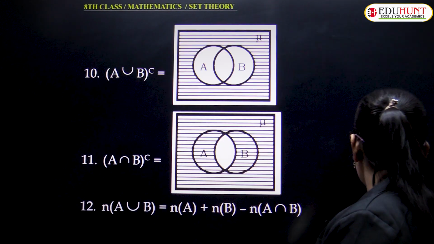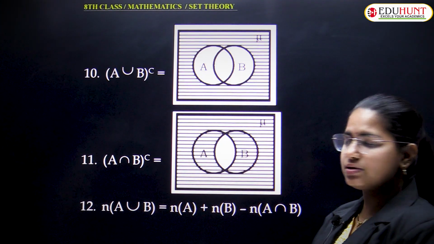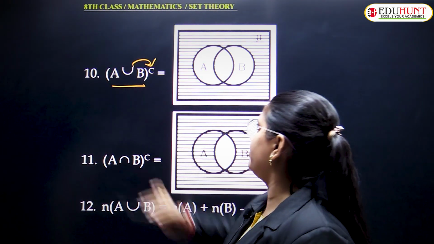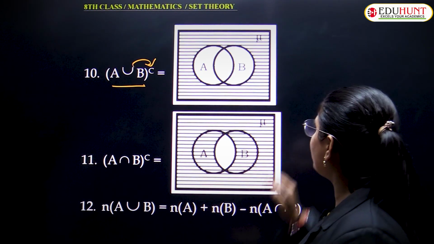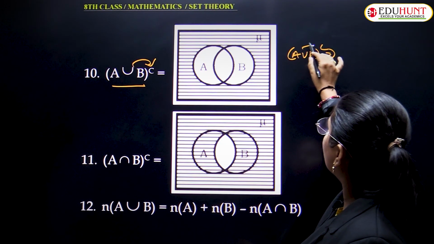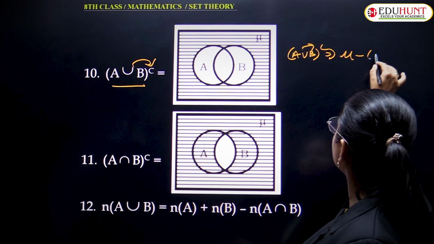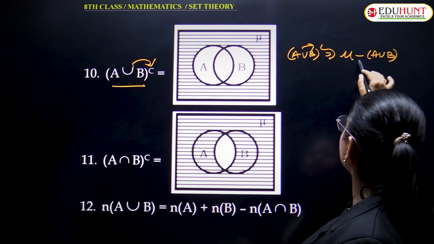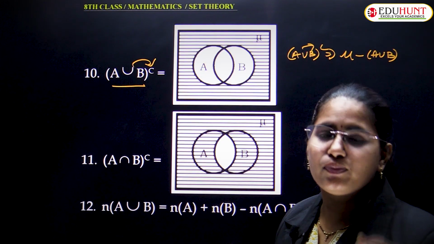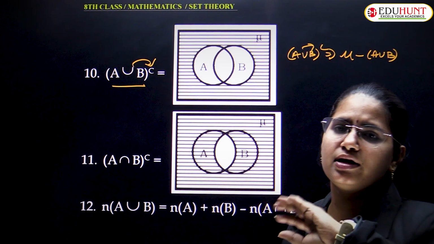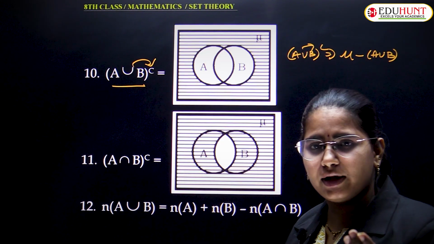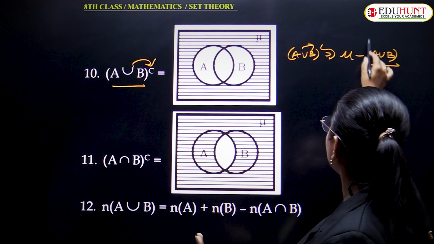All right. So next Venn diagrams. The next one is A union B whole complement. If it is A union B whole complement, what should you do? From the universal set you have to remove the set A union B. Right? For A complement, what are you doing? From the universal set you are finding the difference with set A. Similarly, if it is A union B whole complement, subtract A union B from the universal set.